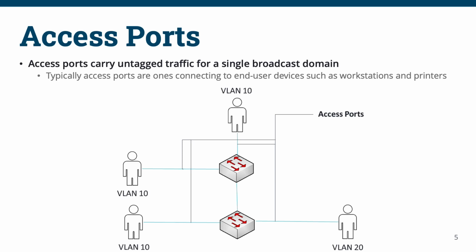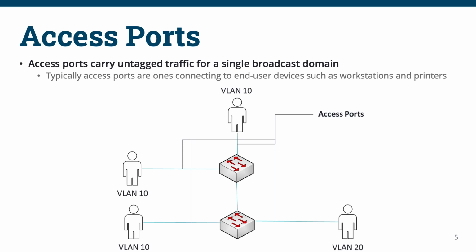Since these ports can only carry a single VLAN of traffic, we don't usually see these links between switches or to wireless access points or servers due to server virtualization.